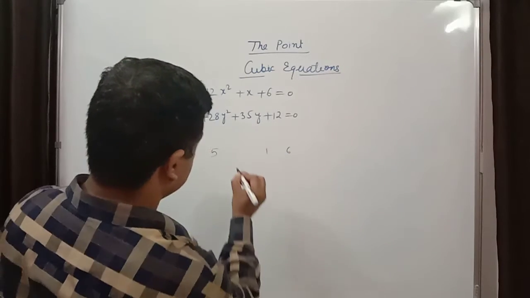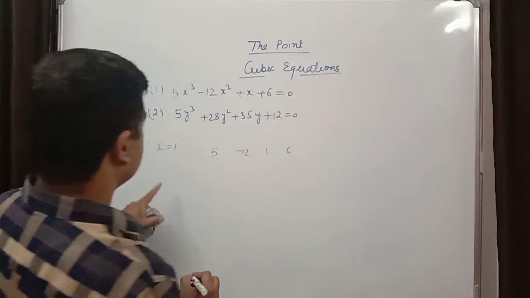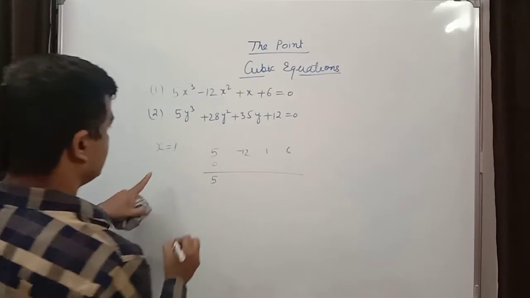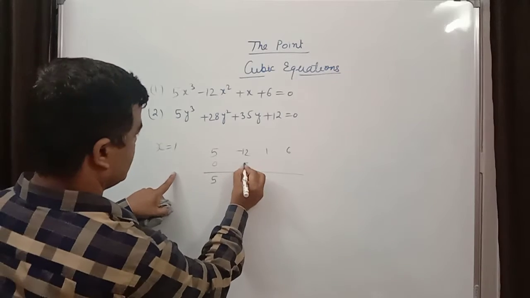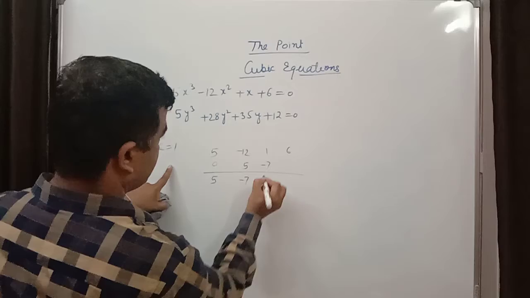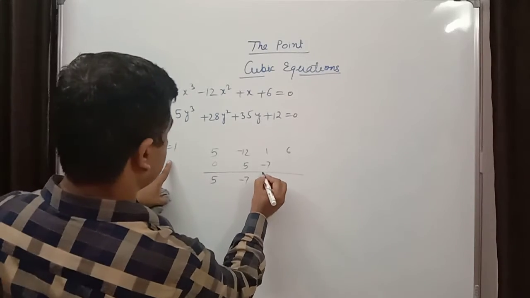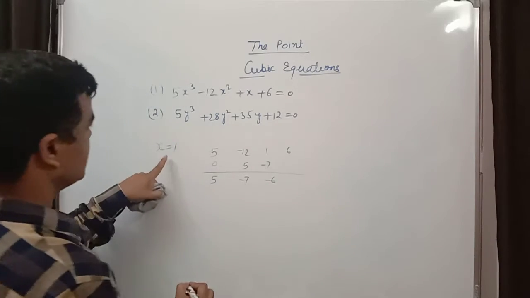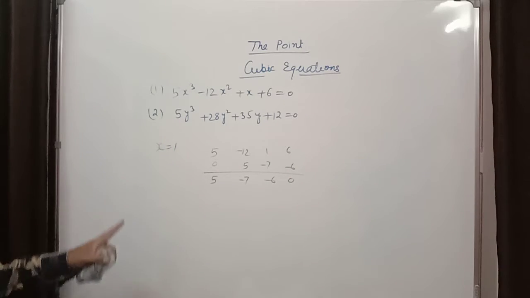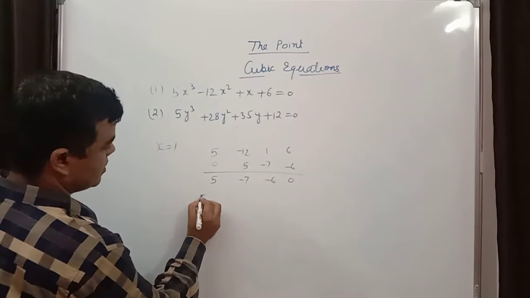Here write 0, add, now multiply. 5, then minus 7 remaining, then minus 7, then here it will become minus 6, then multiply minus 6 and it will become 0.